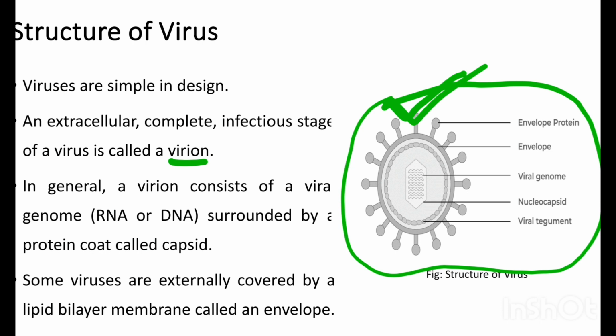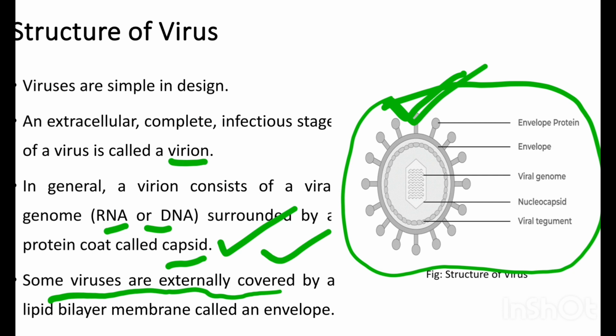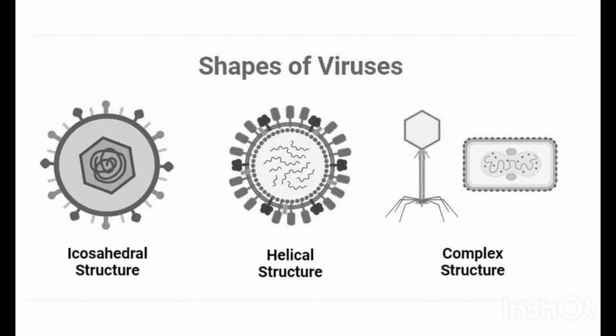The viral genome is either DNA or RNA, and this genome is surrounded by a protein coat called capsid. And some viruses are externally also covered by a lipid bilayer membrane called envelope.